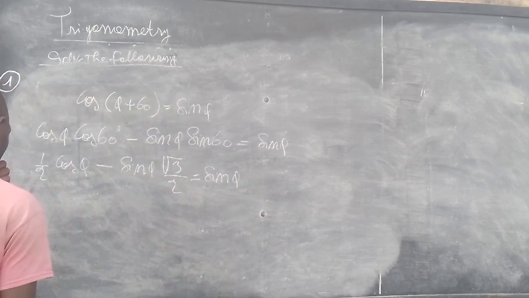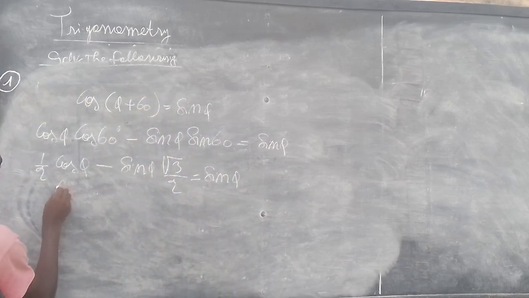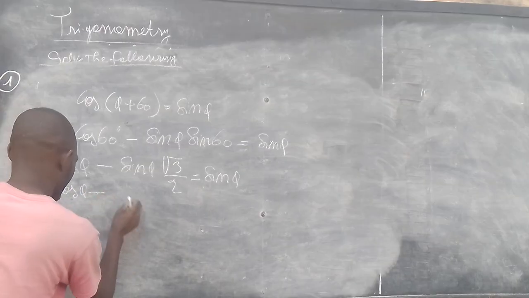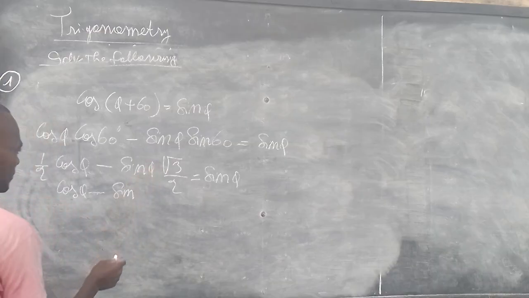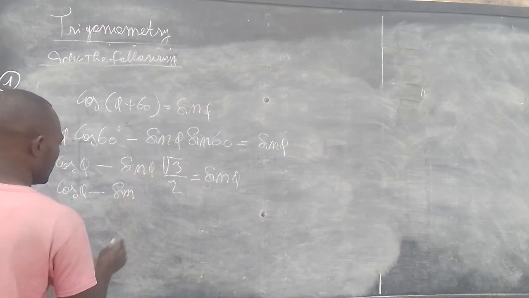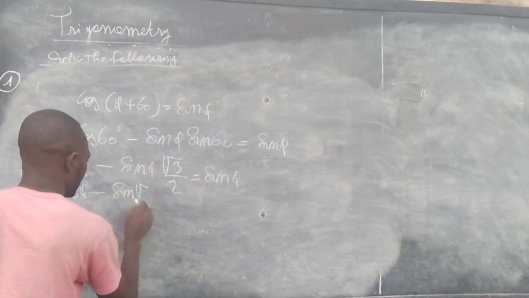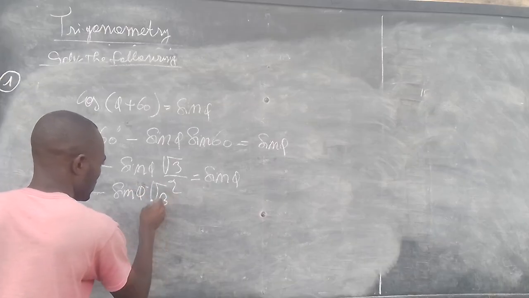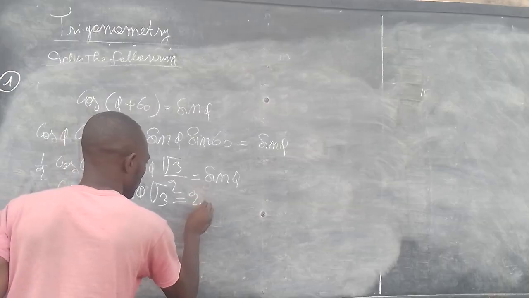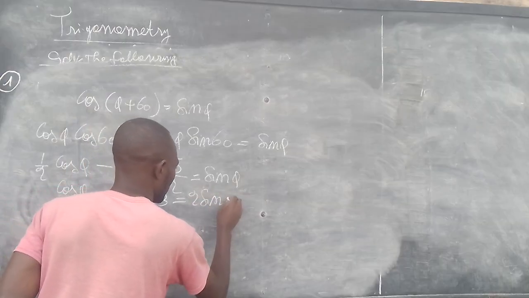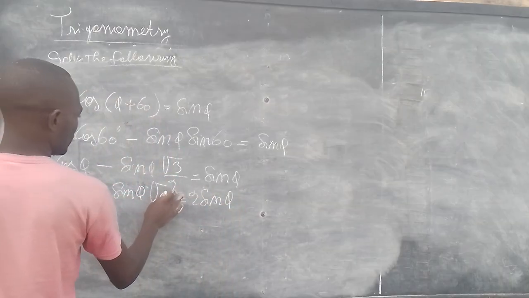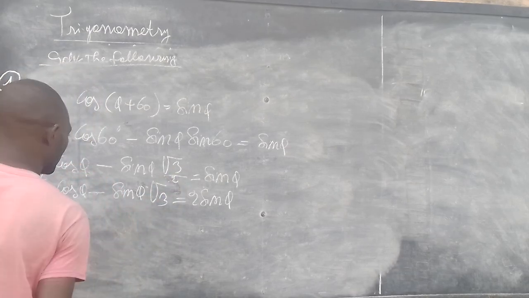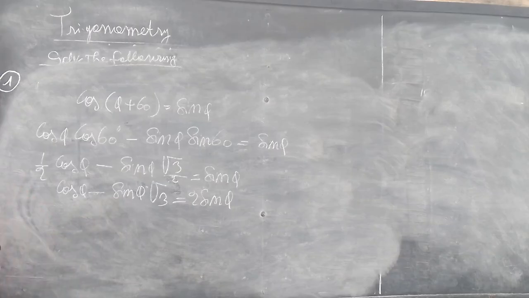So here we will have cosine 5 minus sine 5 square root of 3, which is equal to 2 sine 5. So which is equal to sine 5. Here we have a 2, here we have a 2 sine 5. So we have this.